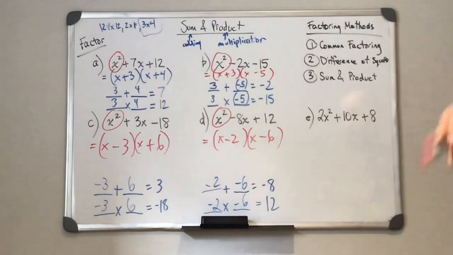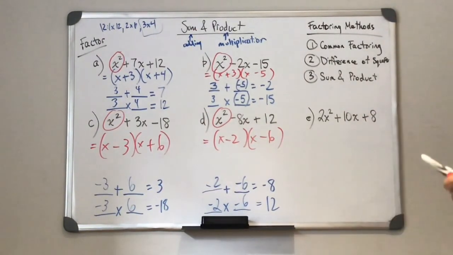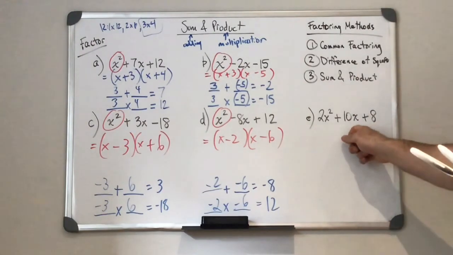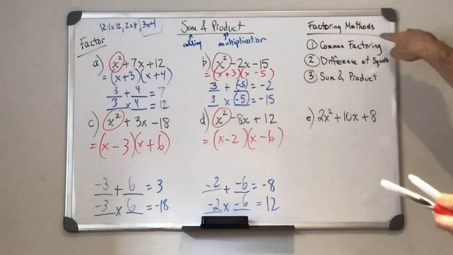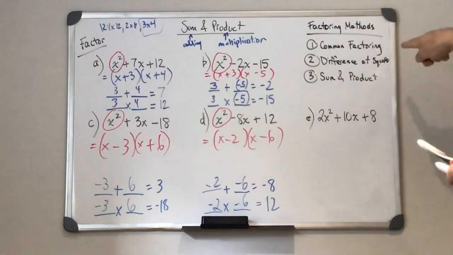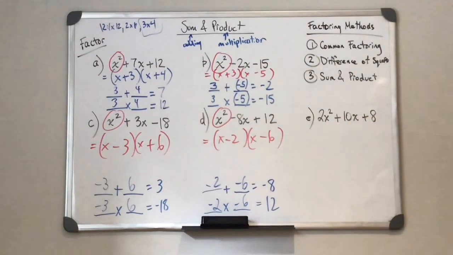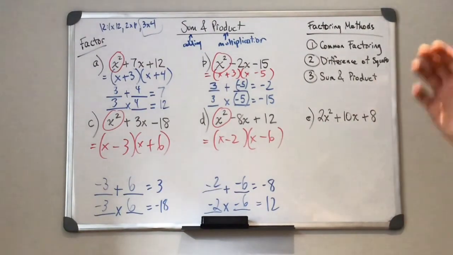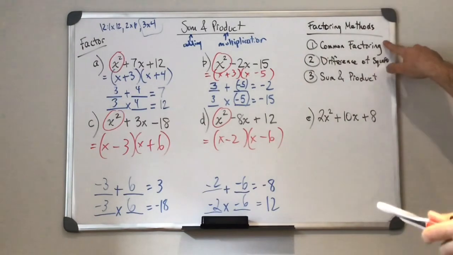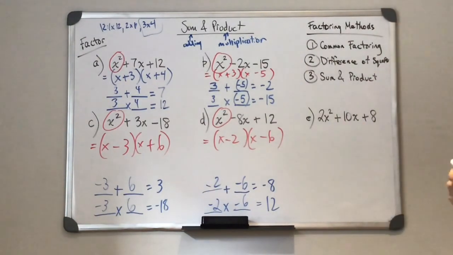So if we're using sum and product, it has to look like that. So right now, I can't really use sum and product, but common factoring, we always have to check for common factoring. Is there a number I can take out of all 3 of those? If there is, then maybe we can use that common factoring method and then try some sum and product afterwards.